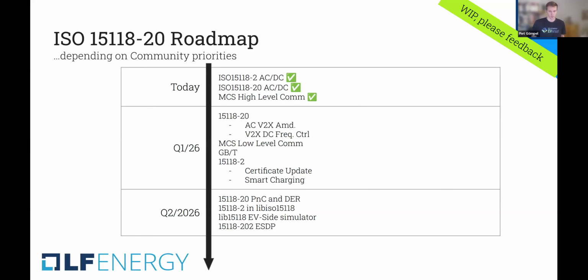There's a group working on the integration of GB/T, and there are 2 small parts left in the -2 that haven't been implemented by many EVs, which is why we didn't put a high priority on this, which is the certificate update feature and the smart charging functionality of the -2. And we plan to implement this as well.